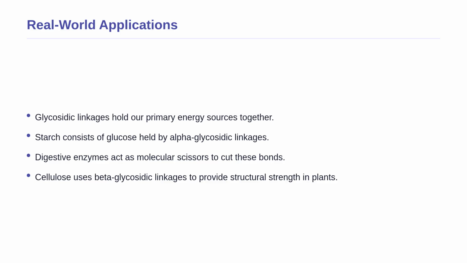Your digestive enzymes are specifically designed to act like molecular scissors, cutting these exact linkages to release glucose for energy. Furthermore, plants use a slightly different version, the beta glycosidic linkage, to build cellulose, which gives wood its strength.